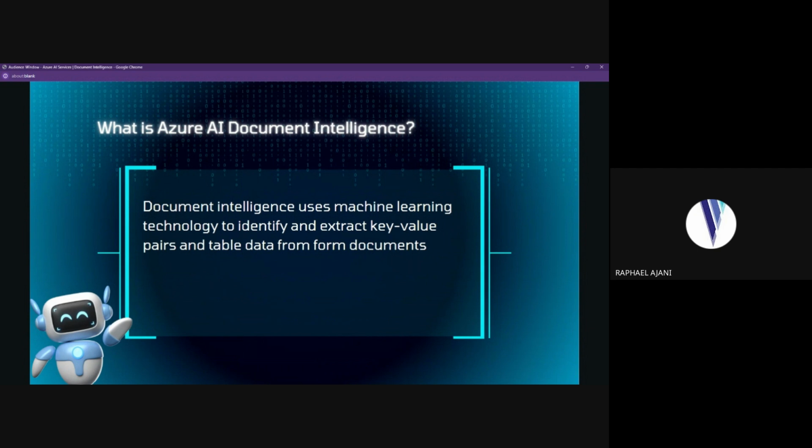When I say pre-built, you'll see it as we do a demo, a pre-built model of the service. They've taken time to train different types of documents like ID cards, marriage certificates, utility bills, and some standard documents in countries like the US. If you have a sample of those types of documents, you can just easily run a read function on the resource, and it will extract the information.